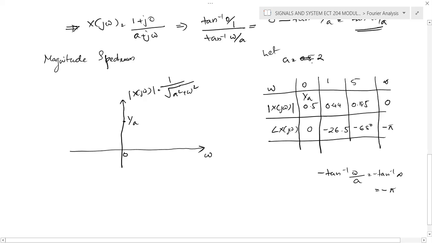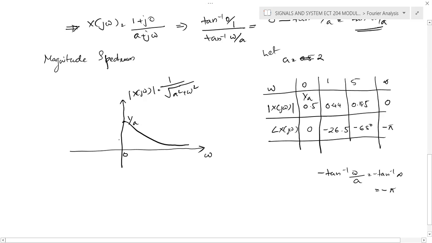Okay, anyway, you got the idea, because we already mentioned that a is greater than 0. So when it is 0, 1, 5, you can see that it's drastically changing to 0.185 from 0.5. So the shape will be like this.